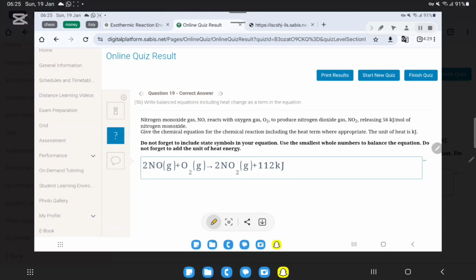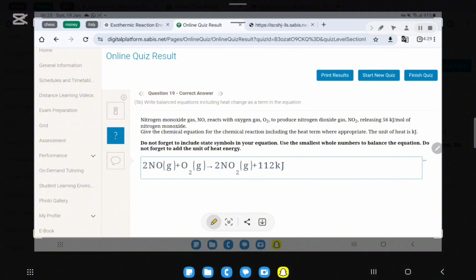Nitrogen monoxide gas NO reacts with oxygen gas O2 to produce nitrogen dioxide gas NO2, releasing 56 kilojoules per mole of nitrogen monoxide. First we have to balance it. Leave the energy to the end.